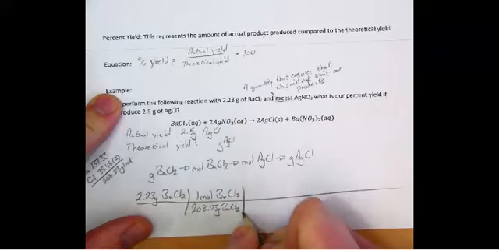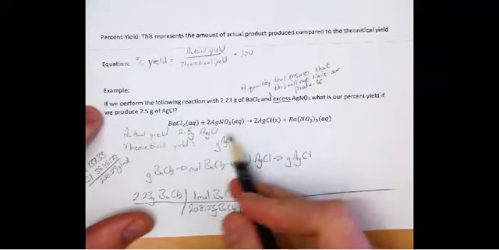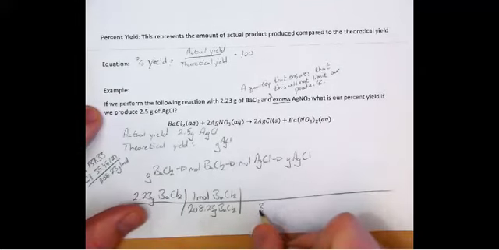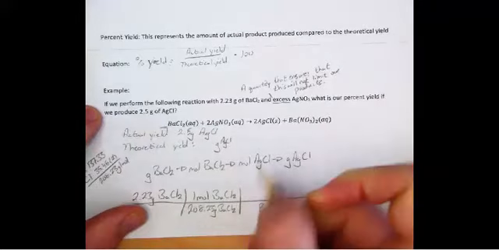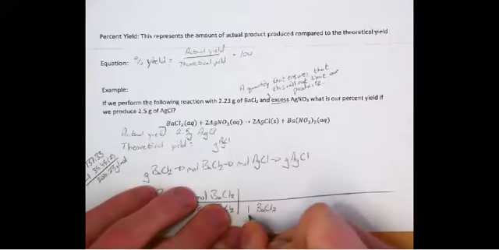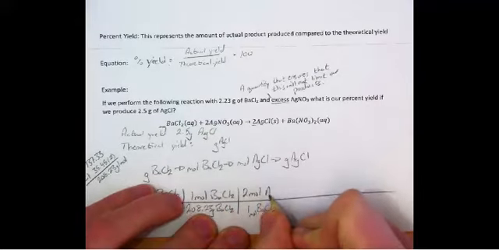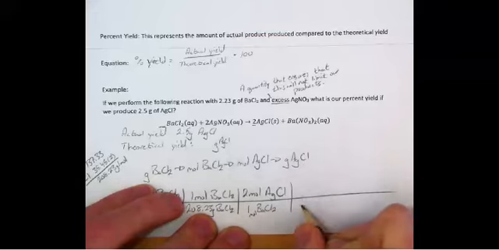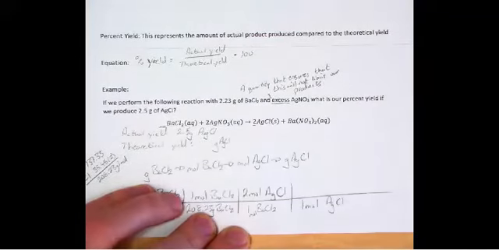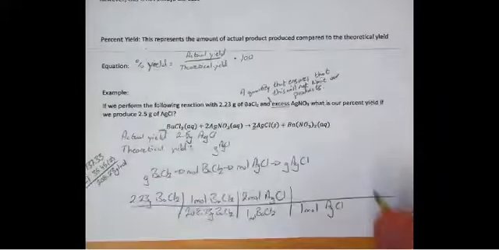Down below, we're now going to convert from moles to moles. For this, we need to determine our coefficients. So barium chloride has a coefficient of 1. We're converting to silver chloride, which has a coefficient of 2. 2 moles AgCl. 1 mole AgCl has a mass of, let's check silver, 107.87.